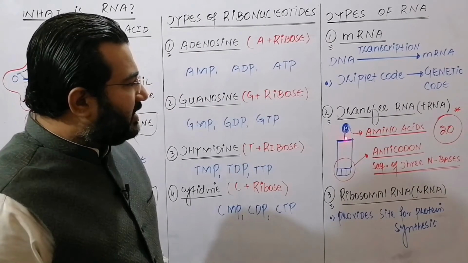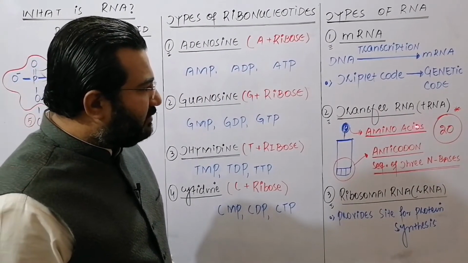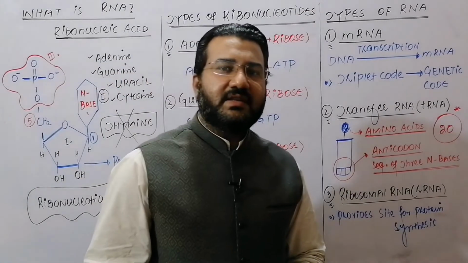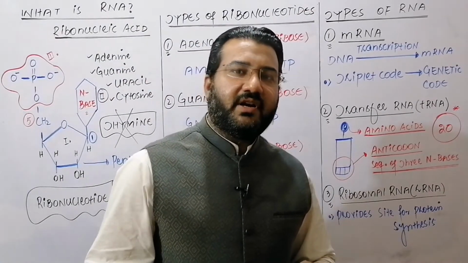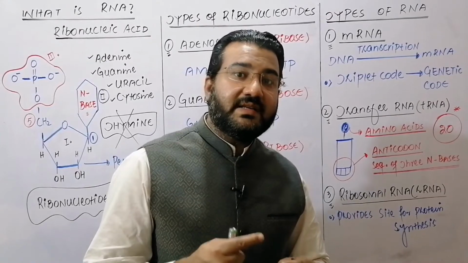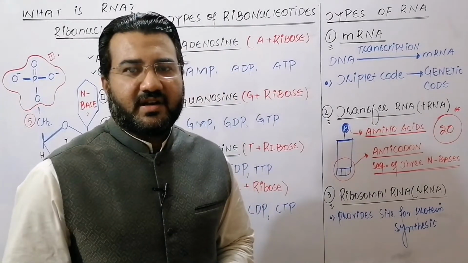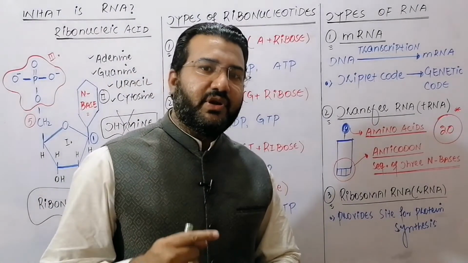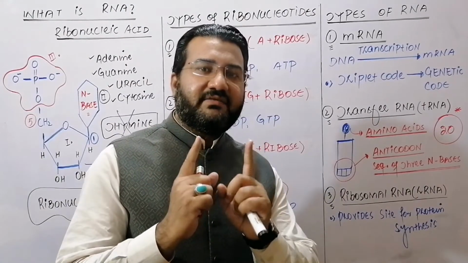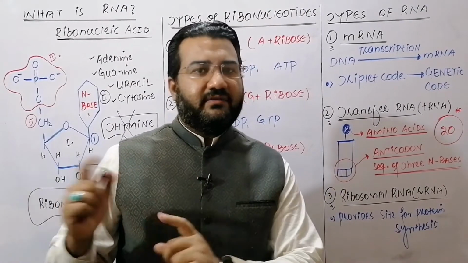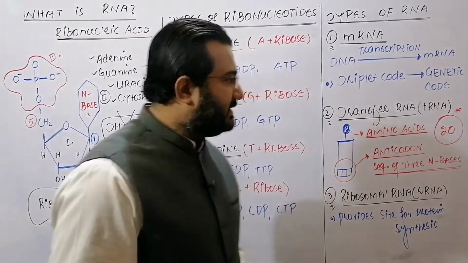And my dear student, transfer RNA attaches an amino acid molecule because most proteins are made up of 20 different types of amino acids. So at least 20 different types of transfer RNA should be present in the cell, because one transfer RNA can specifically transfer only one amino acid to the site of protein synthesis.